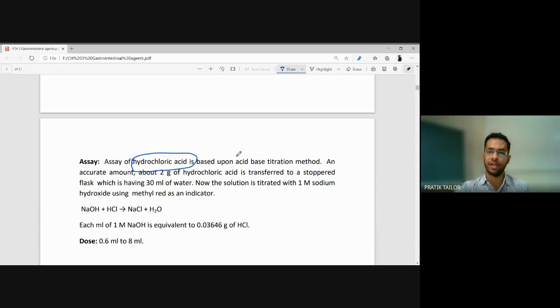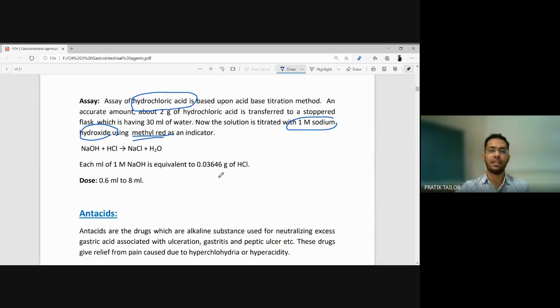Hydrochloric acid will be titrated with a base, sodium hydroxide, using methyl red as an indicator. Using the factor, you can calculate the strength of HCl. The dose will be 0.6 to 8 ml.